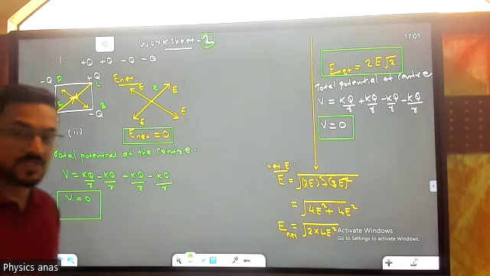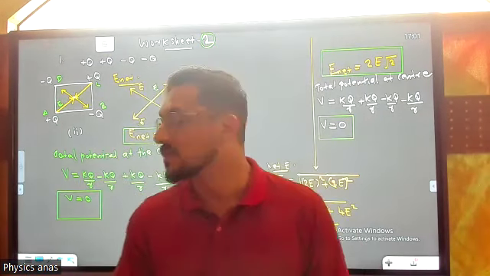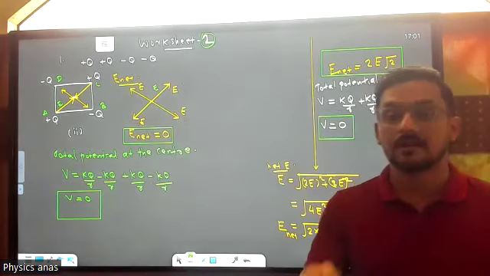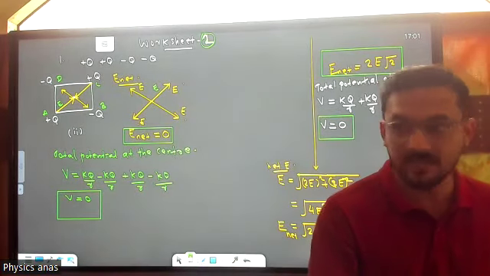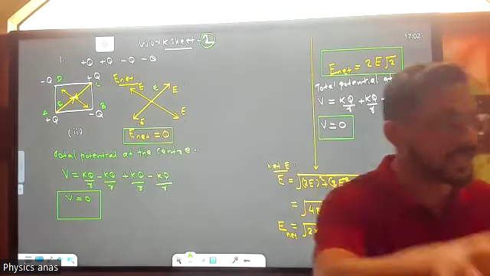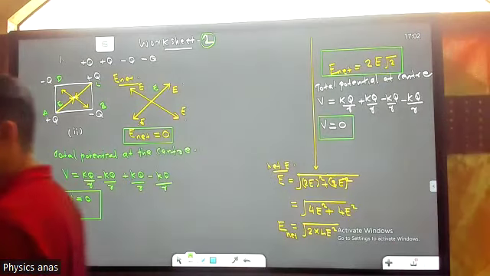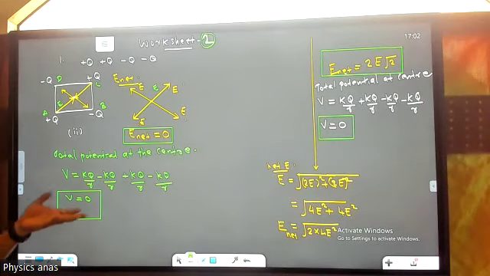Potential due to a positive charge is positive, and due to a negative charge is negative. You can add potentials just like numbers. If you add them, you will get the potential at the center as zero.